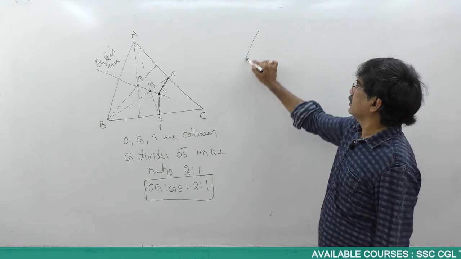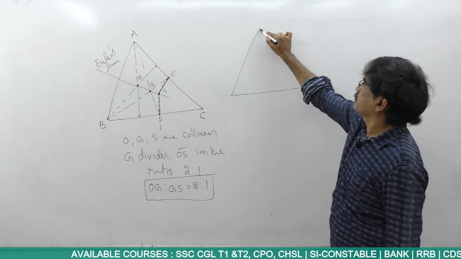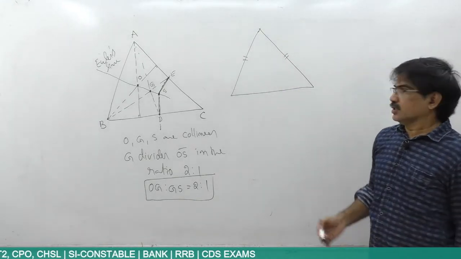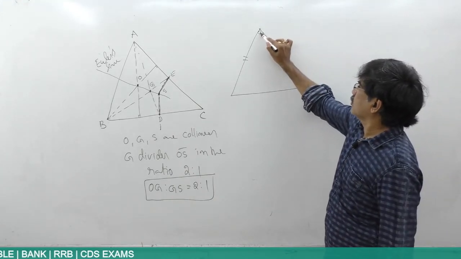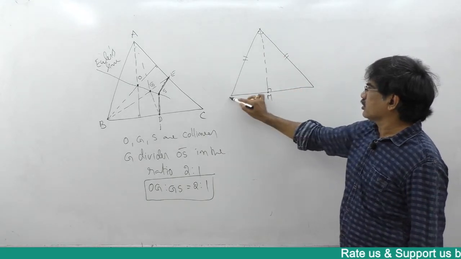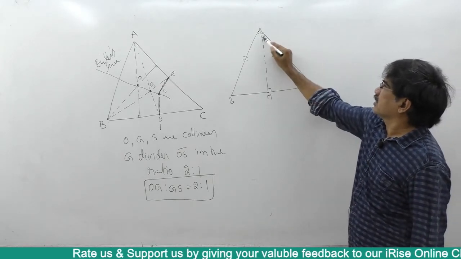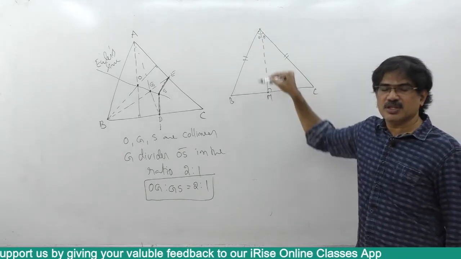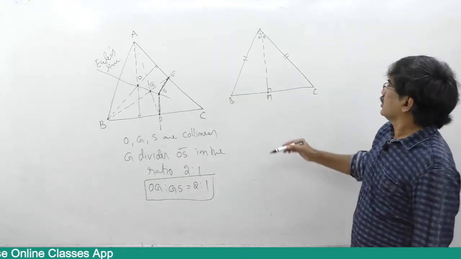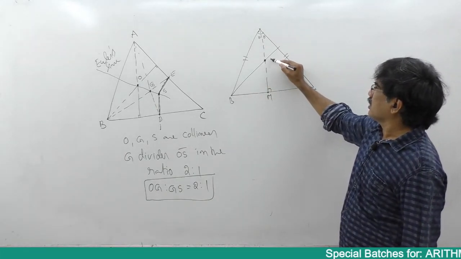In the case of an isosceles triangle, if two sides are equal, if you draw the angular bisector, it passes through the midpoint of the opposite side and it is perpendicular to the base. That means this is the angular bisector, the same is the median, the same is the altitude, the same is the perpendicular bisector. If you draw an altitude from B, this point is nothing but the orthocenter.